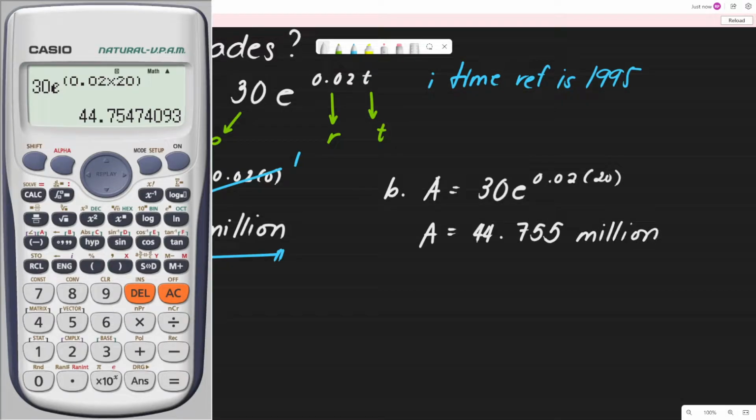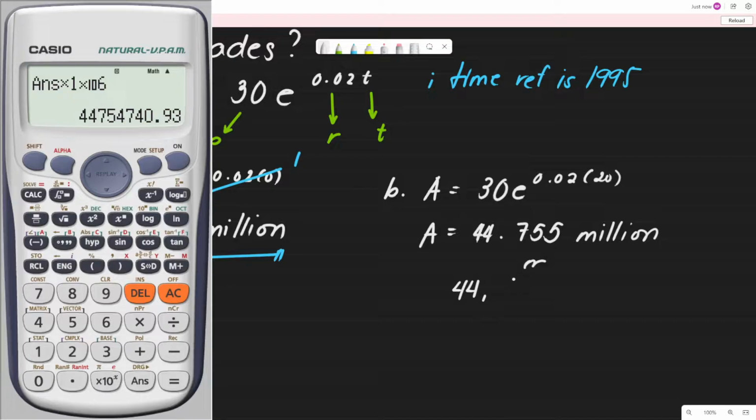Or if you want the exact value of our population, remember that our 30 is in million, so we need to multiply this by 1 times 10 raised to 6, since that is the conversion from base to million.